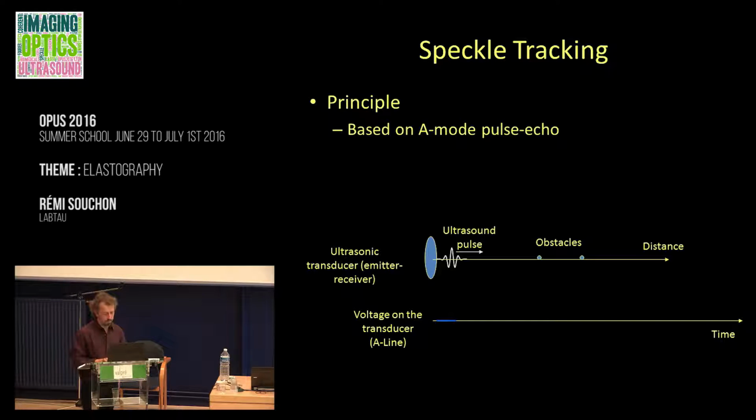So if we look at the pulse, after a few moments, it's traveling, but it has not reached the obstacle yet. So I'm looking now a moment afterward. This pulse has reached the obstacle, but what do I see on my scanner? I see nothing. You look at this blue line here at the bottom. This is the voltage on the transducer on the A-line.